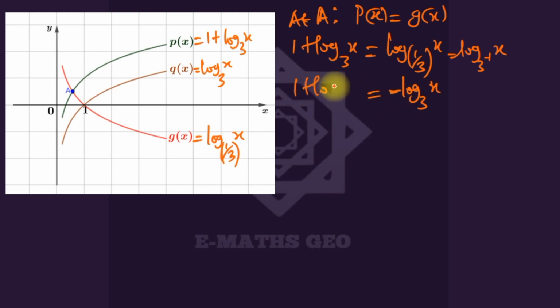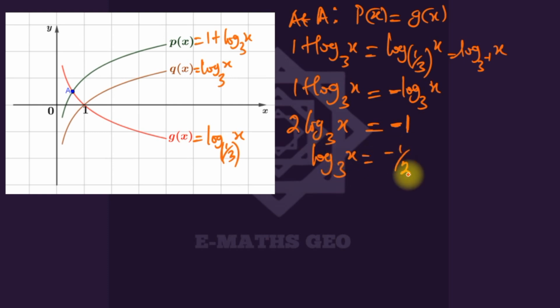So 1 plus log 3x equals minus log 3x. So we can collect like terms. This one goes over here to be log 3x plus log 3x, which is 2 log 3x, while this one goes over here to be minus 1. So making log 3x the subject of the formula, this is minus 1 over 2.